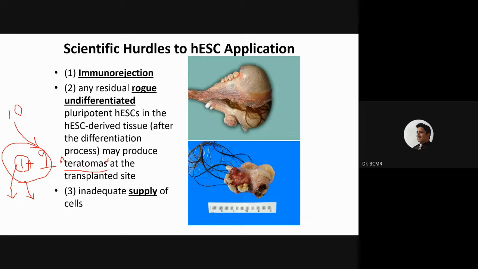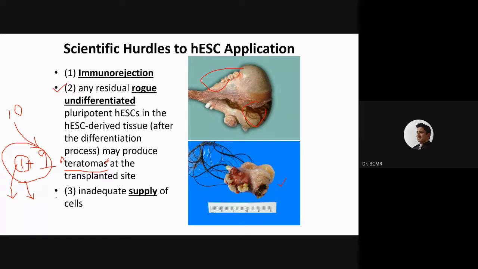You can see teeth here, you can see hair, and in some cases you might see rudimentary formations of eyes and so on as well. These are teratomas that might grow. So that is one serious risk, or apprehension, people have about using human embryonic stem cells.